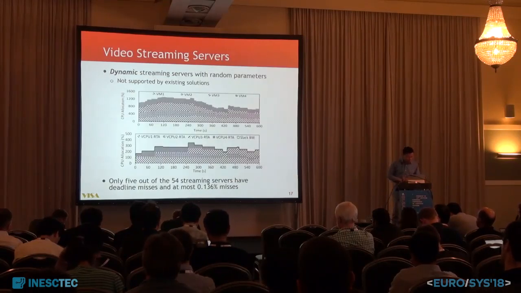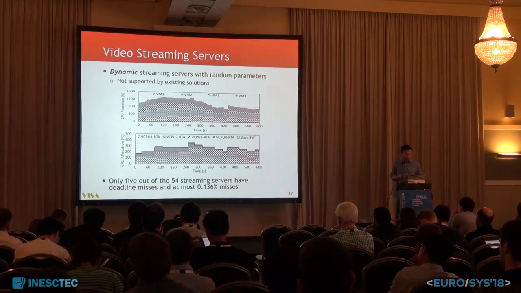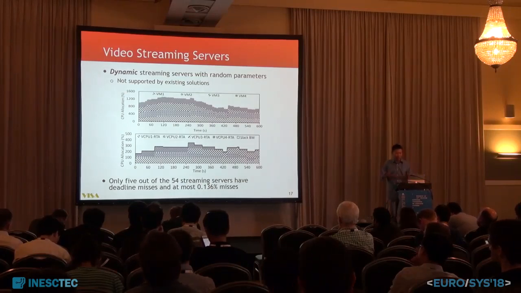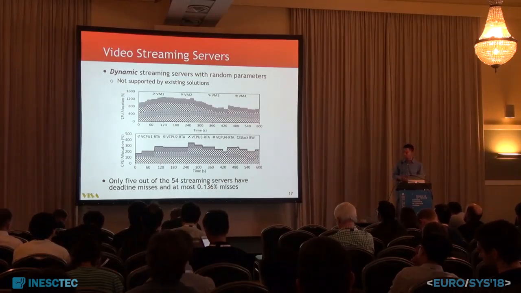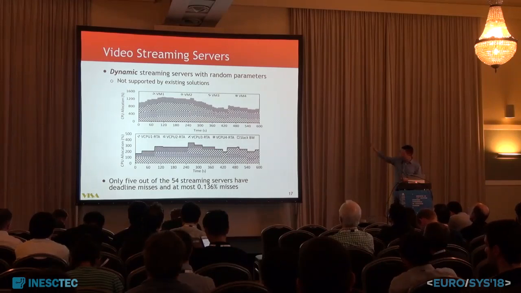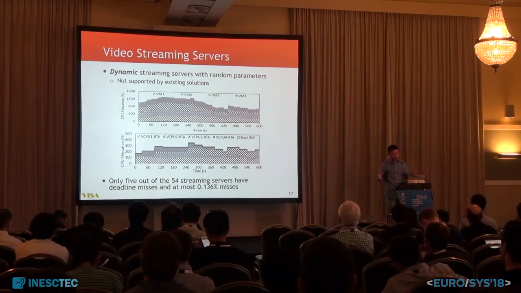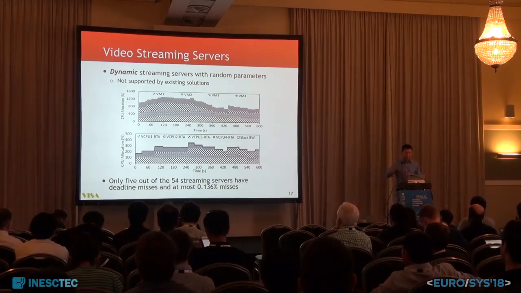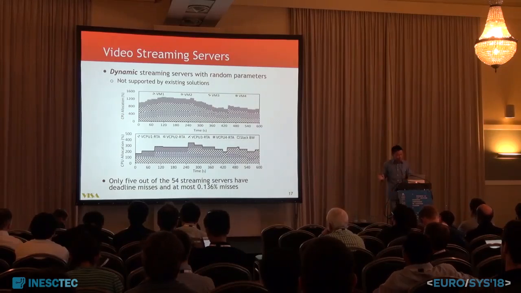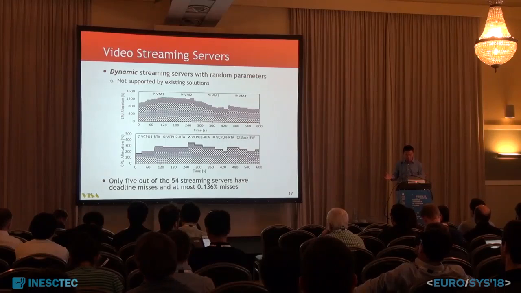All right, so let me very quickly go through the next two experiments. The second experiment is we want to study how we can support dynamic applications. So we use video streaming servers. Just forget about this chart, that's too complicated to explain. But in general, we run a total of 54 streaming servers, and they came at different times and also left at different times, and their bandwidth requirements were also set dynamically.